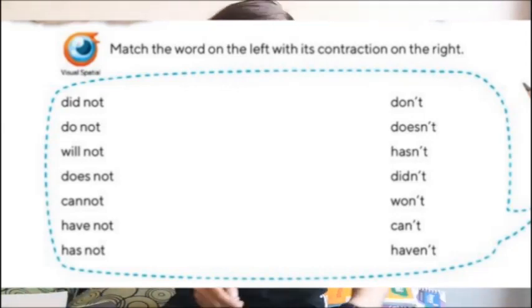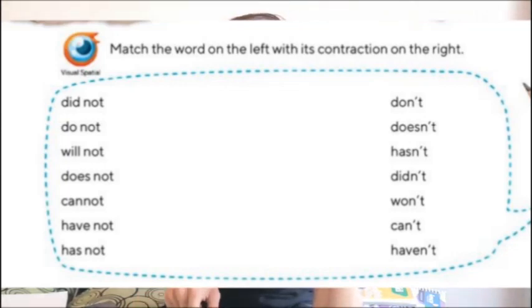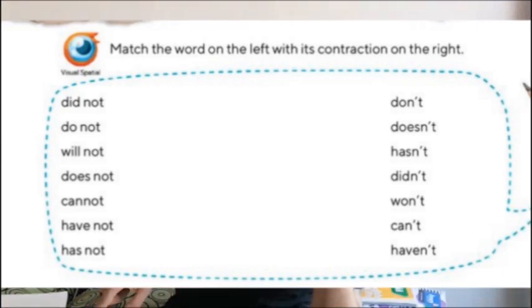It doesn't matter. Alright. So you have did not as number 1. You need to match it, and that means to connect it to its contraction with a line. So did not. Which one of these is a contraction? Is it don't? Is it doesn't? Hasn't? Didn't? Exactly.